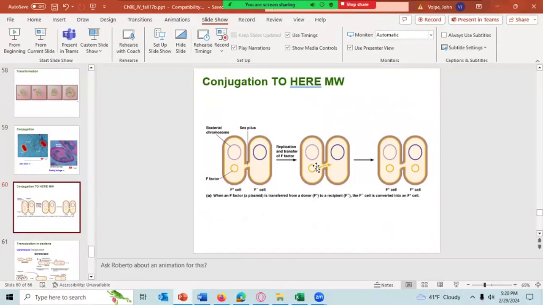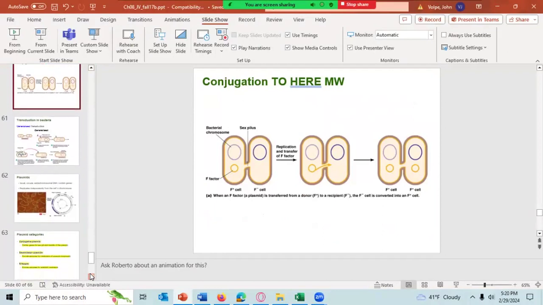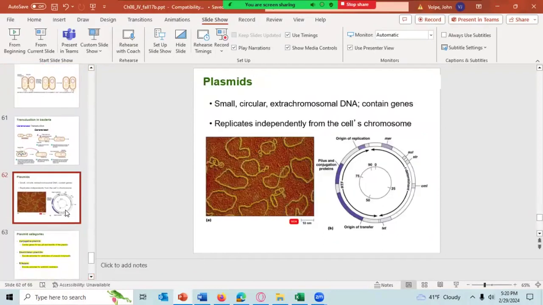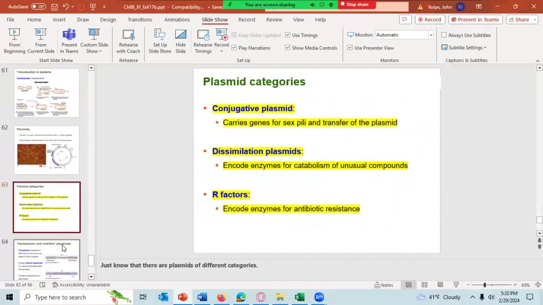So that plasmid was replicating independently of the chromosome. And plasmids can do that. Any question about plasmids? There are different categories of plasmids. You don't need to know the names of the categories or what they do. You just need to know that there is more than one type of plasmid.